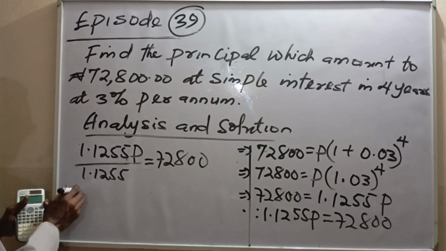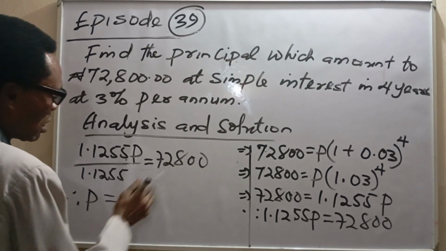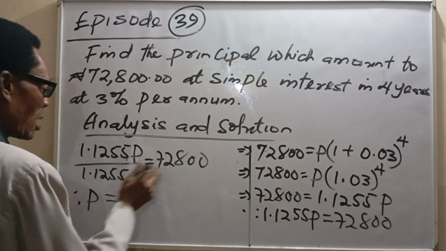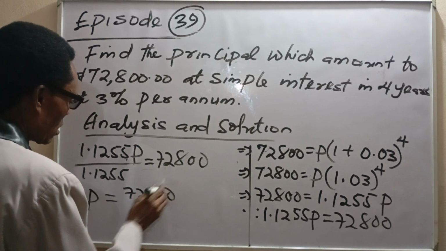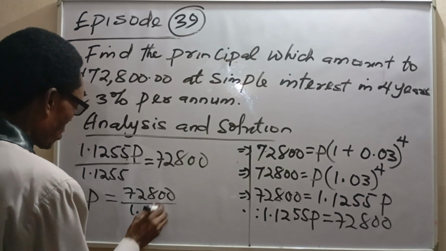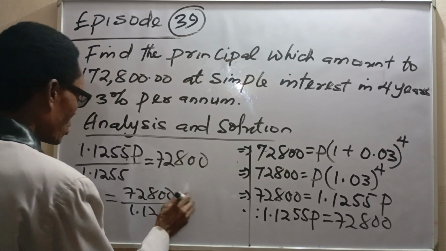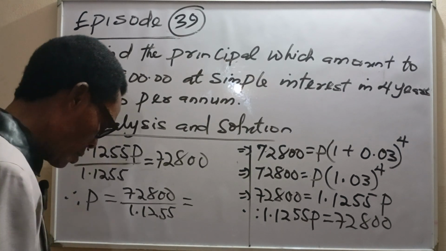When we cancel, we have P equals 72,800 all over 1.1255.